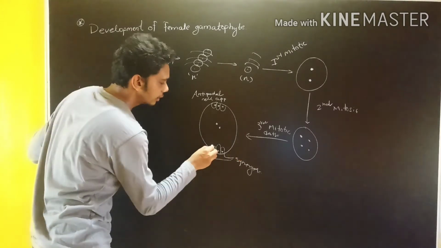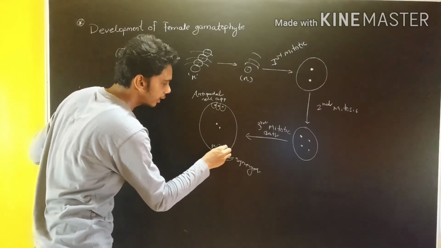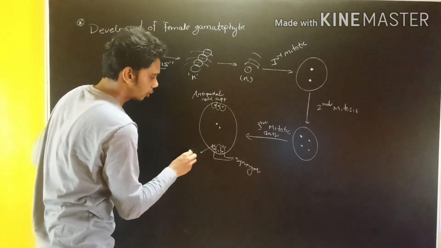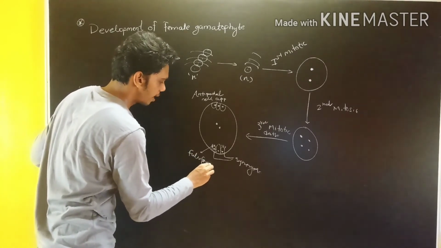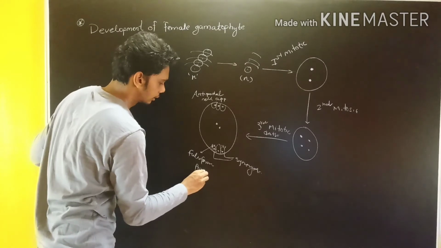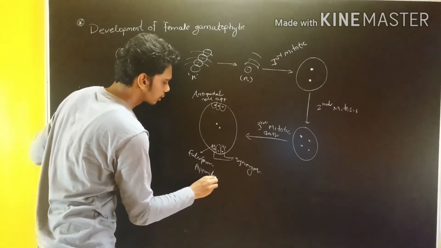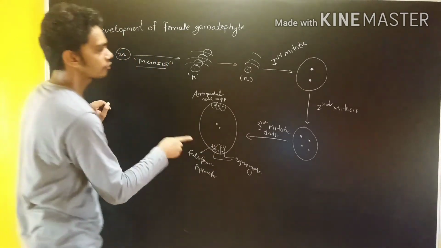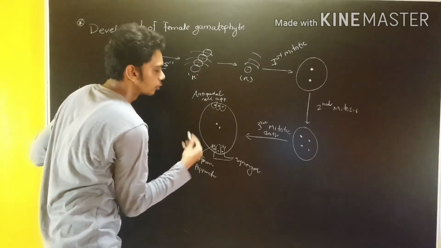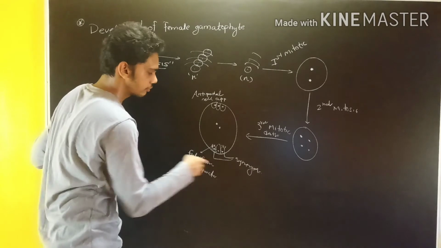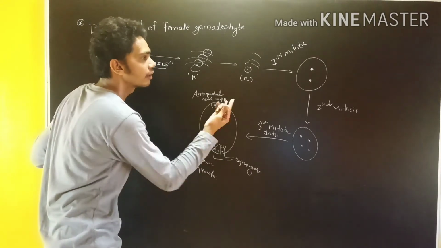These synergids have a hair-like projection called the filiform apparatus. Why is this so? Whenever the pollen tube penetrates, the synergids with the filiform apparatus guide it to where the egg cell lies.